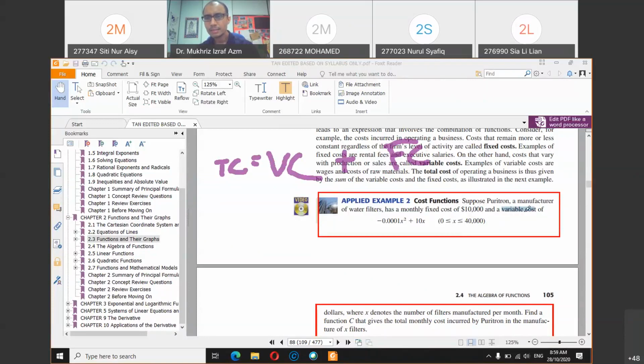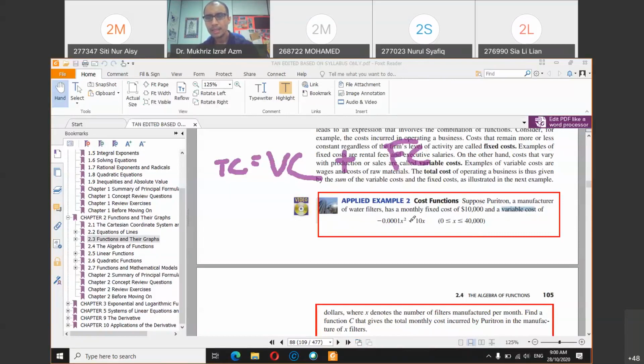So the variable cost will change or vary according to the value of x. But for fixed cost, as the term goes, whatever output you produce, the cost remains the same. So there is no x term in the fixed cost.